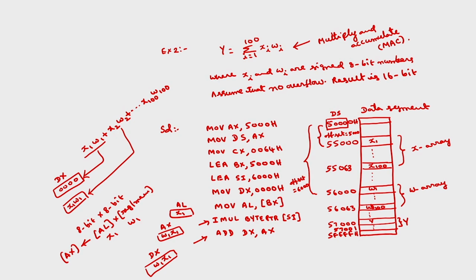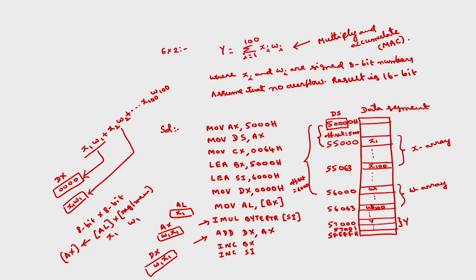In order to point to the next, X2 is at the offset 5001 and W2 is at the offset 6001. Here we have 5000 and 6000 pointed by BX and SI. You increment both registers by 1: INC BX, INC SI.